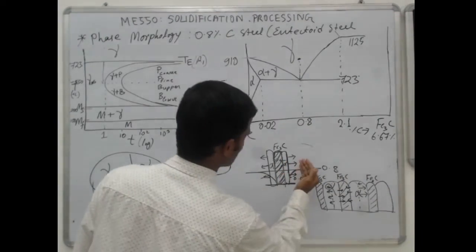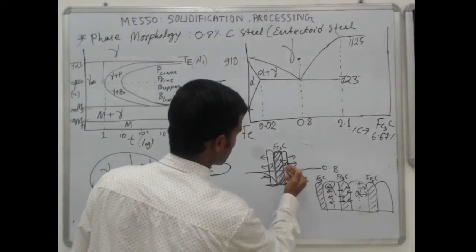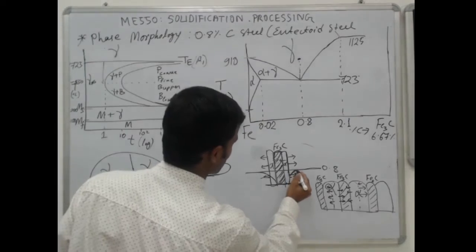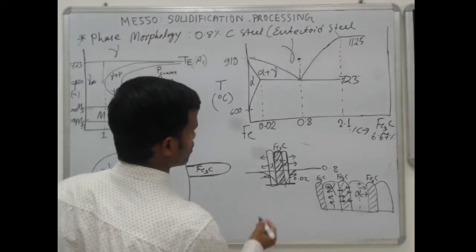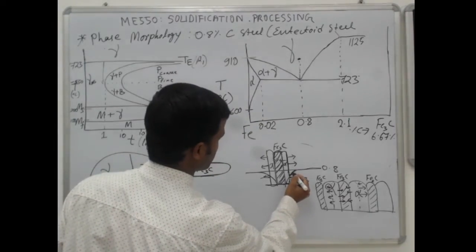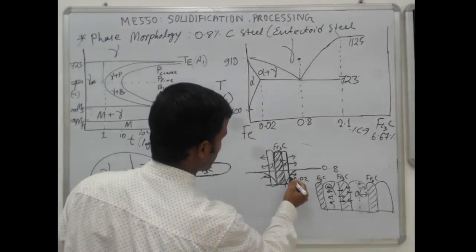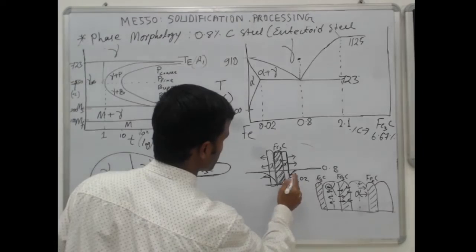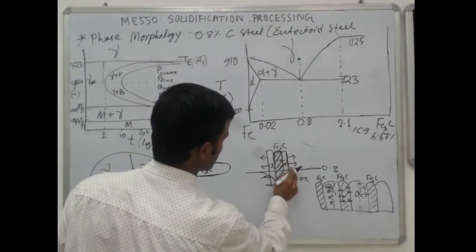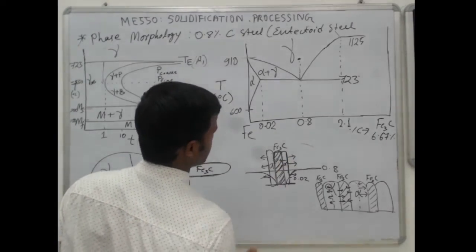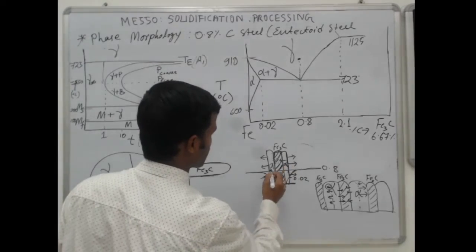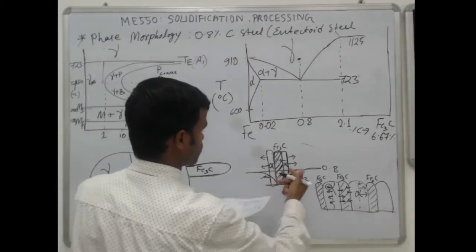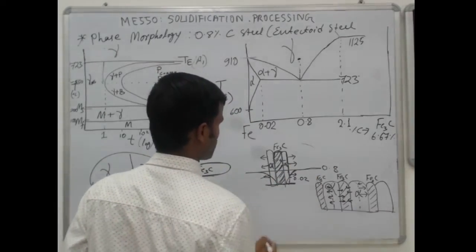It takes some carbon atoms from the surrounding, so the concentration drops, and where the concentration is less than 0.02%, this region will become alpha. On this side also it will become alpha. Now all of this will try to grow laterally in this direction.